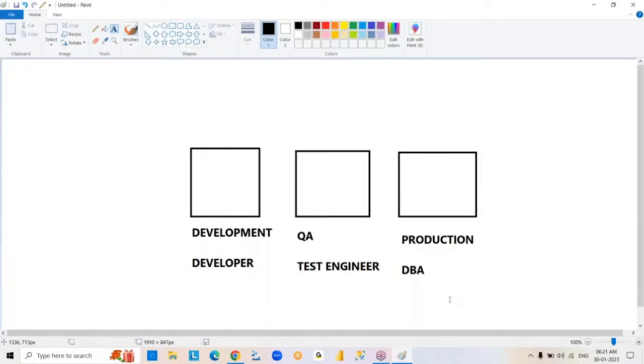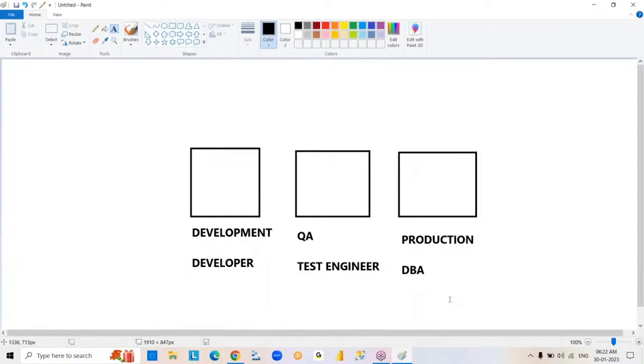But coming to production server, we need all features of the SQL.